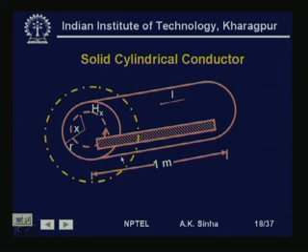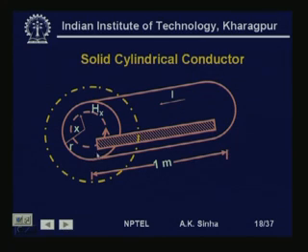This conductor is carrying current I. Since the current cannot flow in just one conductor, there has to be a return conductor. Here we are assuming the return conductor is at a very far away distance, so it does not affect the magnetic field produced by this conductor, that is, it is at an infinite distance from this conductor. So, that is one assumption that we are making.